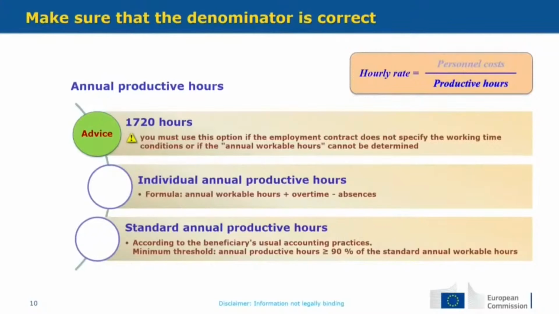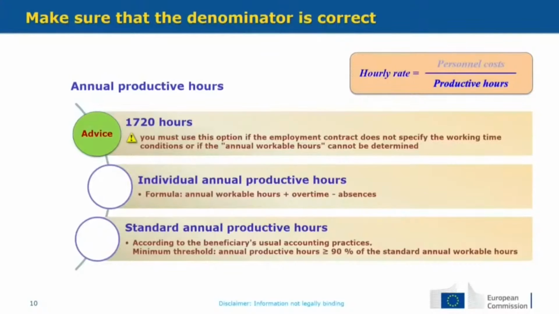It's one fixed amount, you can use it, and the possibility to make errors is lower. Now, you can use the other options if the employment contract does not specify the working time, or if the annual workable hours cannot be determined. So you may have some specificities here. If you have those specificities, you may use also this option in addition.